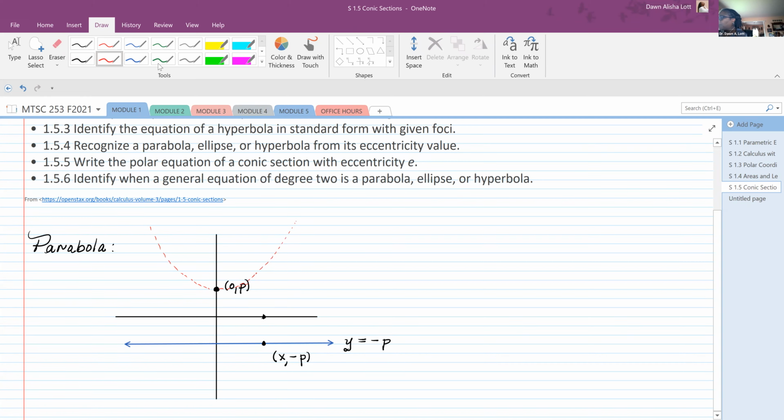So this is a point on the parabola right here. Oh, that's wrong, I drew it wrong. It's up too far. I need to bring it down.